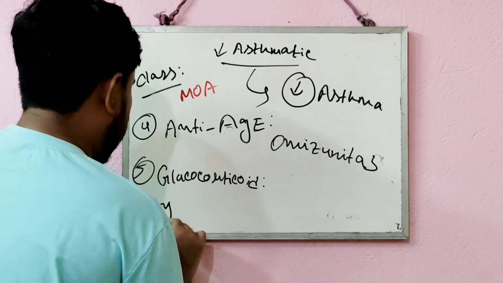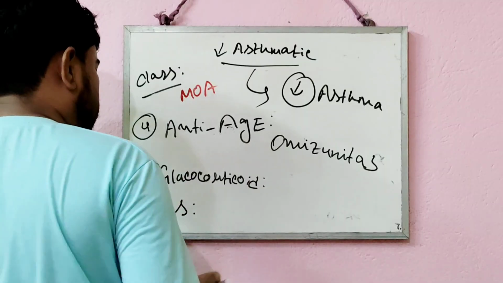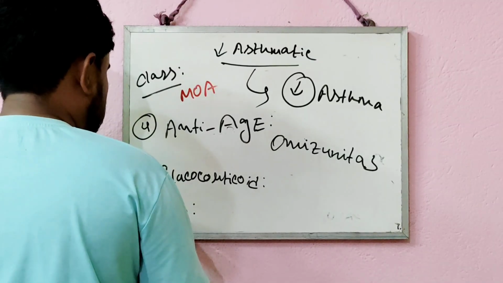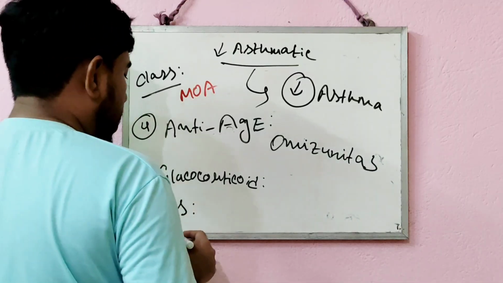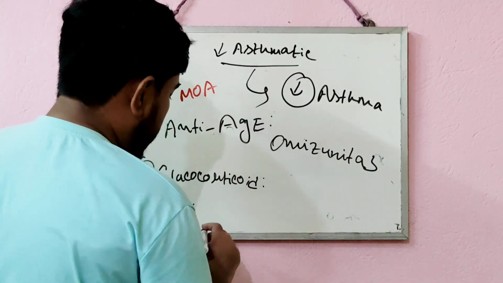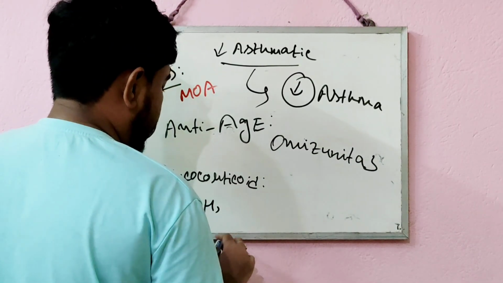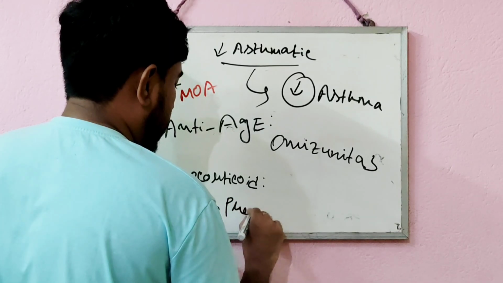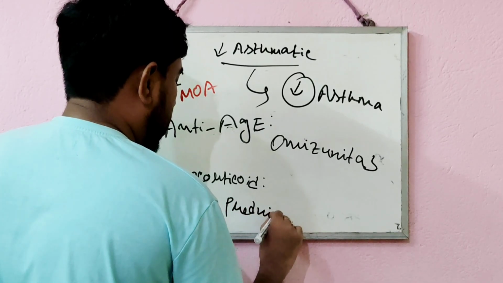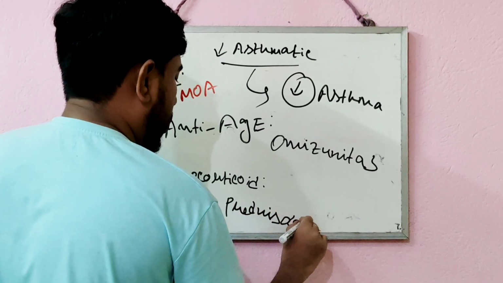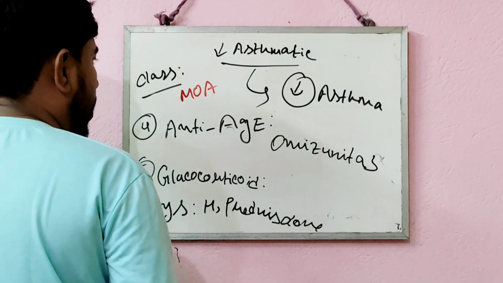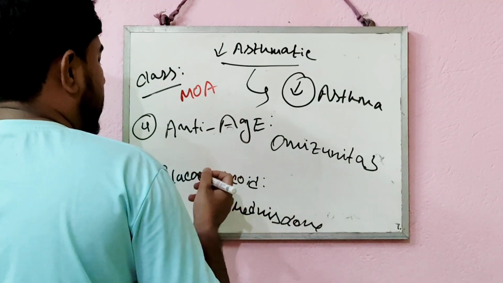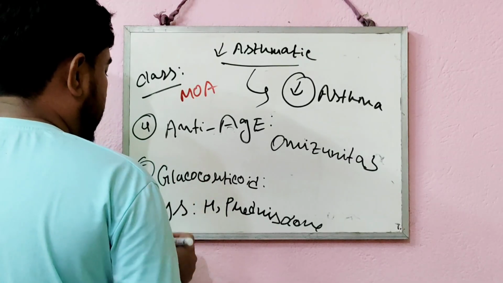They can be taken systemically, meaning parenteral or oral, so these are called systemic drugs. What is the example of a systemic glucocorticoid drug? Hydrocortisone, then prednisolone. These are systemic glucocorticoids that can be taken orally or parenterally as anti-asthmatic drugs to treat asthma.